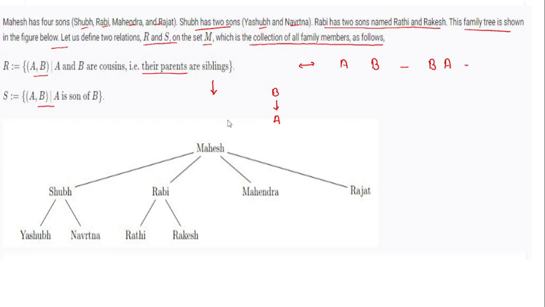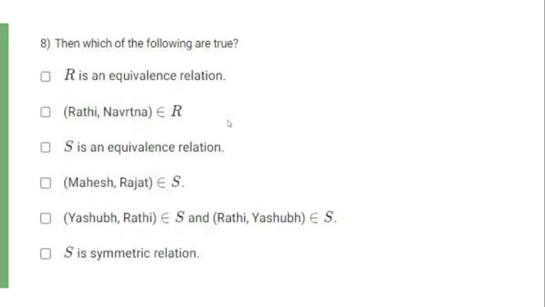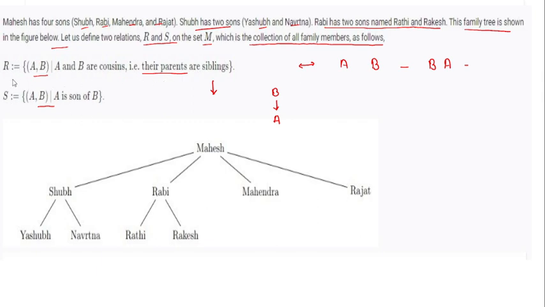So let's move to question number 8. It is asking which of the following are true. The first option states that R is an equivalence relation. For an equivalence relation, it must satisfy reflexivity, transitivity, and symmetry.